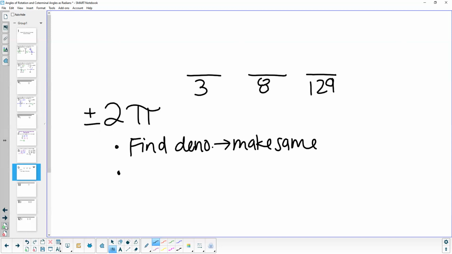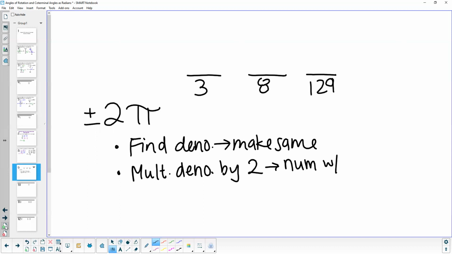Then we are going to multiply our denominator by 2 and make that the numerator with our pi symbol there. So this would be 6 pi, this would be 16 pi, and this one would be 258 pi. Okay, it doesn't really matter, but that's what we want to do. And then we can add or subtract that to find that coterminal angle.